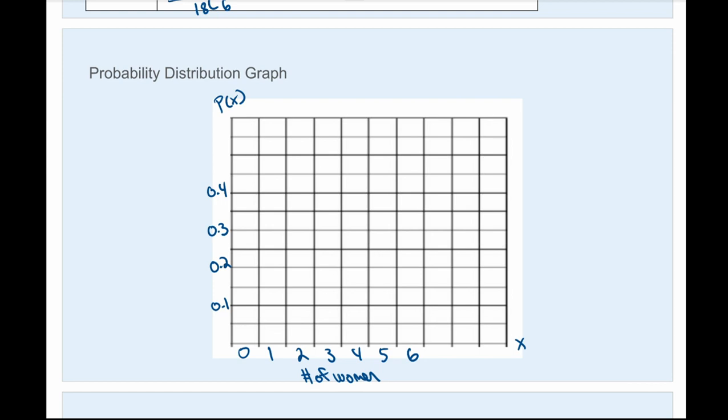So going through, so for 0, use a different color. 0 is very small.